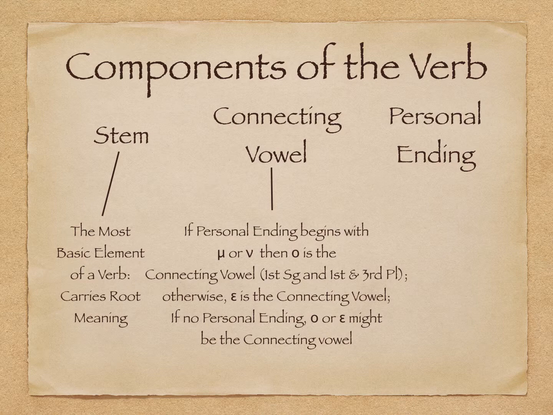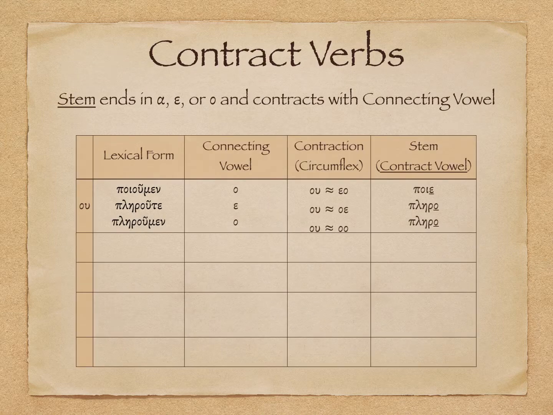So you're seeing already that knowing the personal endings is very important in identifying the connecting vowel, and we'll see that that helps us to know the stem of a word. And here's what you've seen already in Mounce if you have it open in chapter 17. Contract verbs are rare, but they are important. They're the rare instances when a stem ends in one of three vowels, an alpha, an epsilon, or an omicron.